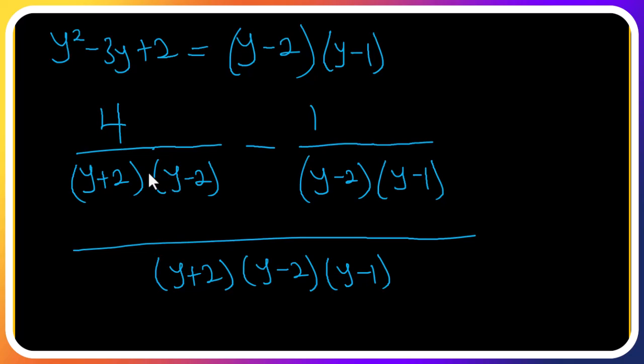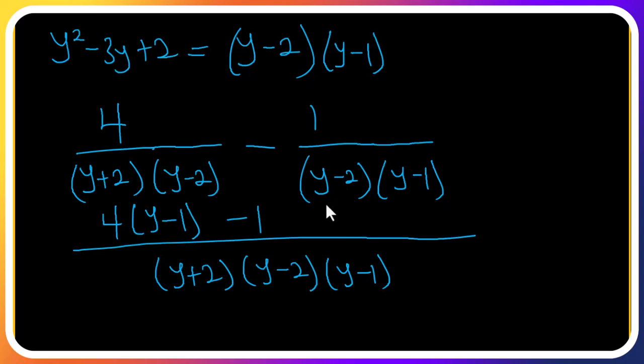Now y plus 2, y minus 2 is the denominator for the first fraction. Let's look at the relationship over here. So we have y plus 2 here, y minus 2 here. So what we don't have over here is y minus 1, and that factor multiplies the numerator of the first fraction. So we have 4 multiplying y minus 1, and let's observe the denominators of the other fraction.